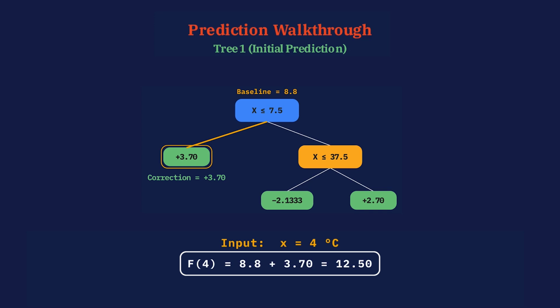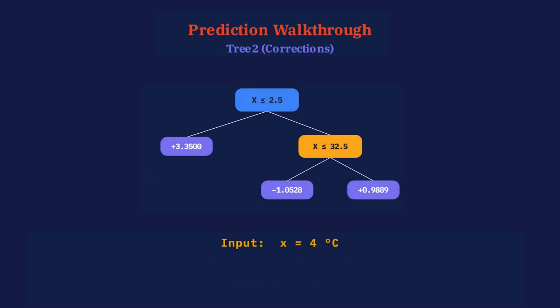But in a true tree boosted example, we do not stop there. We now send the same input, 4 degrees, through tree 2. In tree 2, 4 is not less than or equal to 2.5, so it goes right. 4 is less than or equal to 32.5, so it goes left. And that lands us in the leaf with a correction of negative 1.0528.